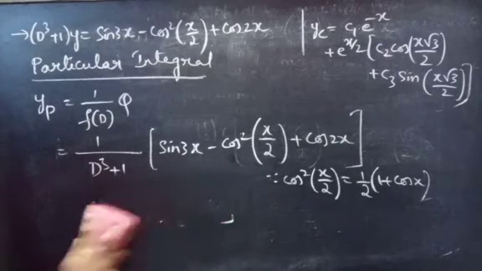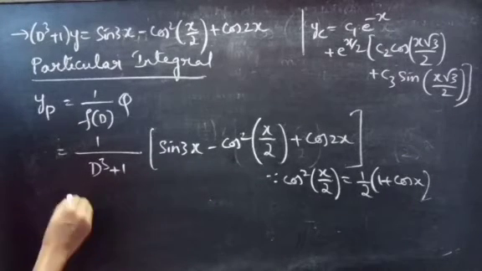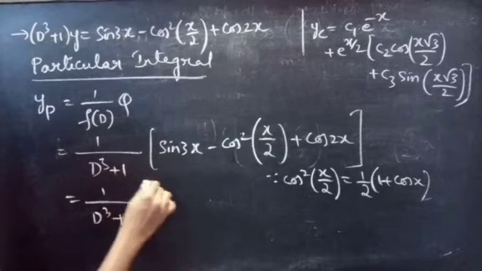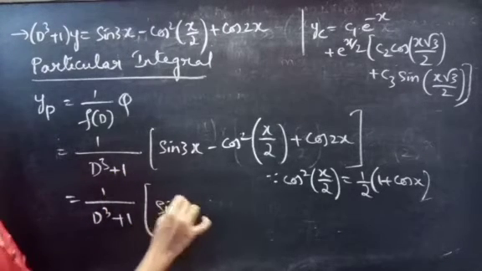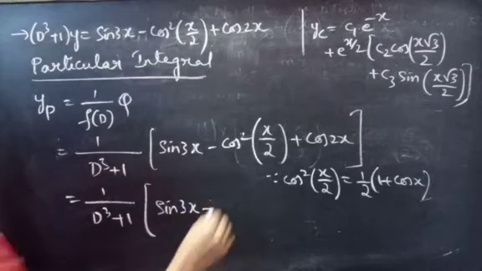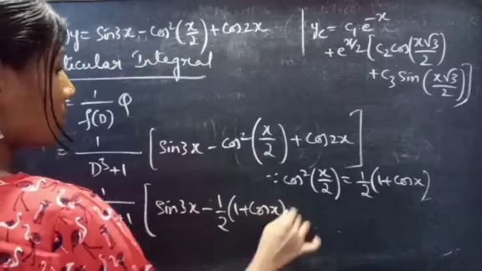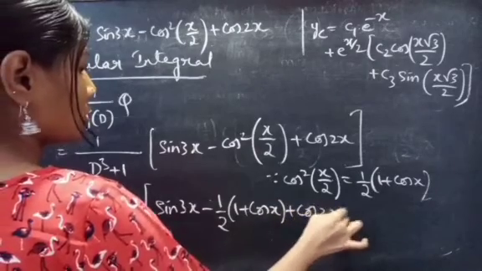Then our yp becomes 1 by D cube plus 1 into sin 3x minus 1 by 2 into 1 plus cos x plus cos 2x.